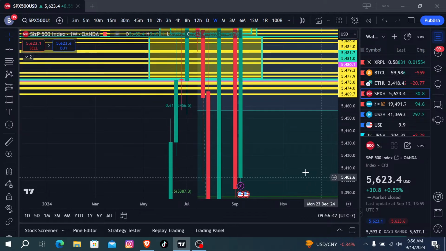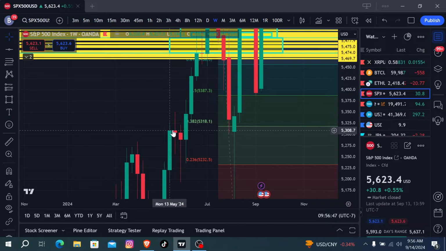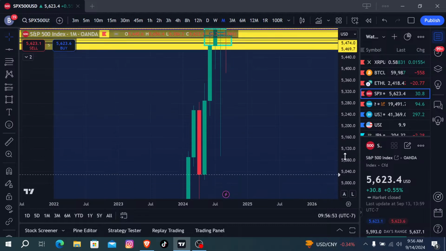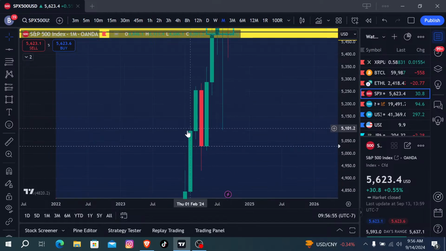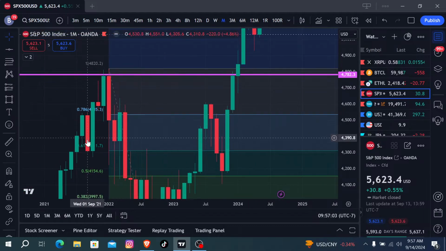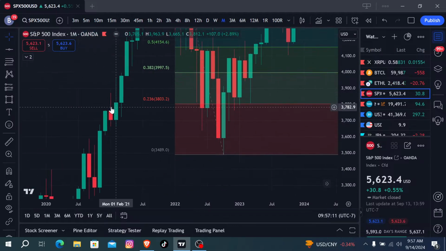Let me see another one. This one could be one, but it's not that perfect. Maybe if I go entire handle. This one right here, but it's not that perfect. It's not that perfect, but that's one right there. Here's another one, but it's not perfect. Another one, it's not that perfect. Oh, right here, perfect.